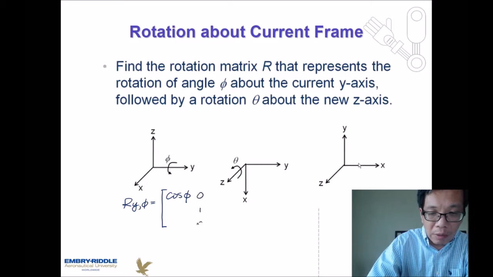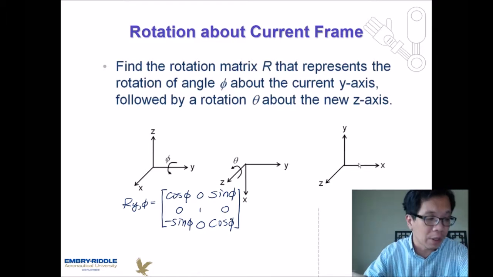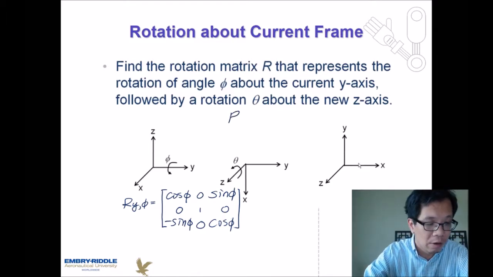The second column is going to be like this, and this is going to be negative sine phi. And this one over here is going to be sine phi, 0, and cosine phi.